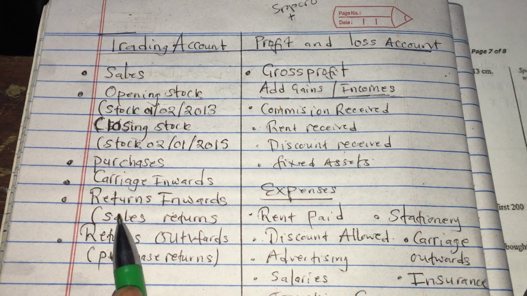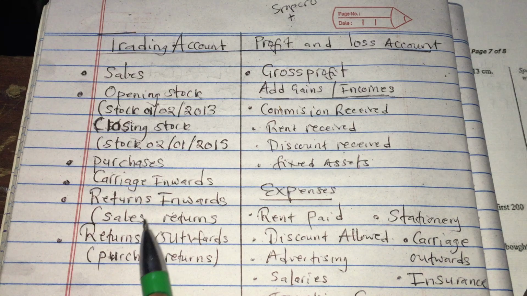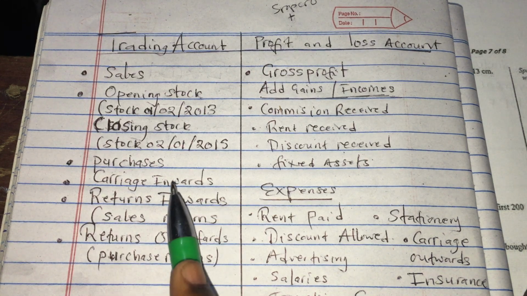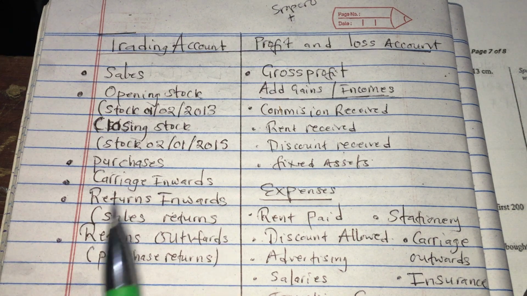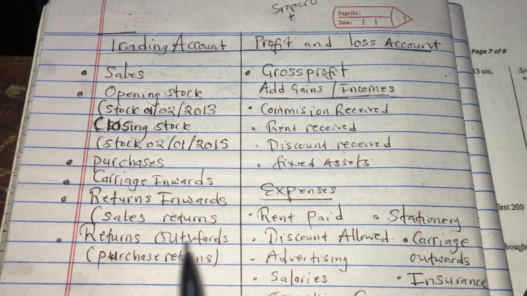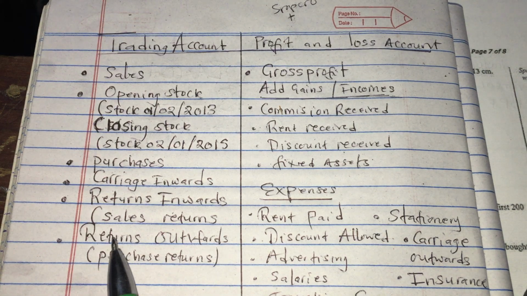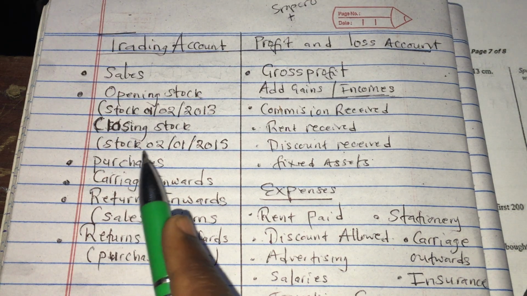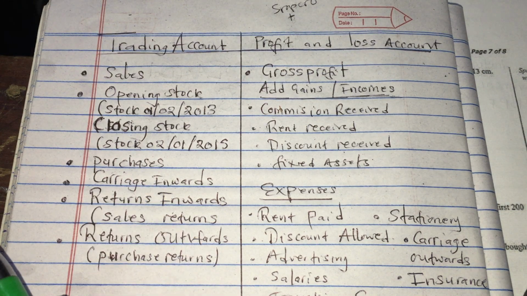So on the items, if you don't see returns inwards there, but there is sales returns, it's simply one and the same thing. All right, so returns outwards is also called purchases returns. So if you don't see returns outwards, but on the items there is purchases returns, it simply means one and the same thing.